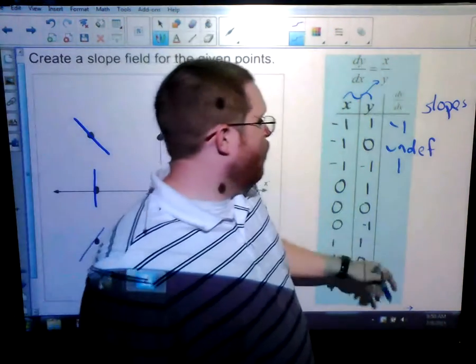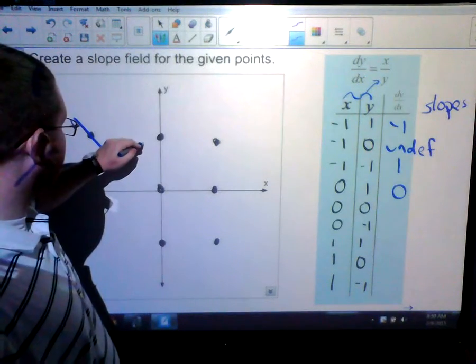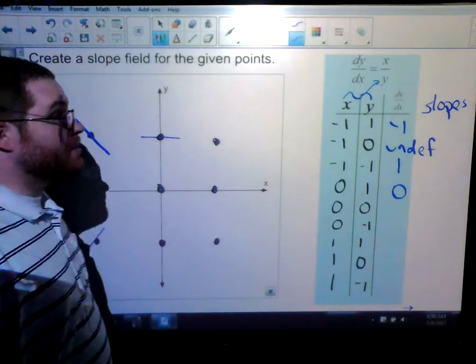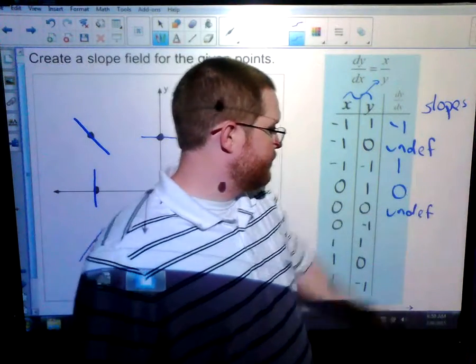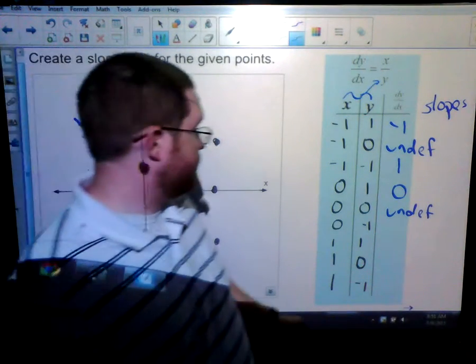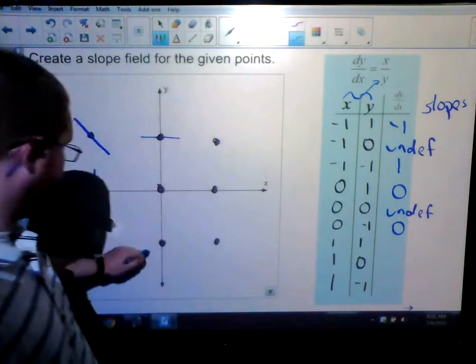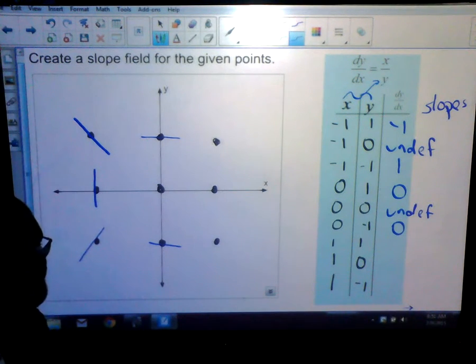How about 0 over 1? That's 0. How about 0 over 0? It's undefined. How about 0 over -1? That's still 0. You could draw a vertical line here if you want to. You don't have to.